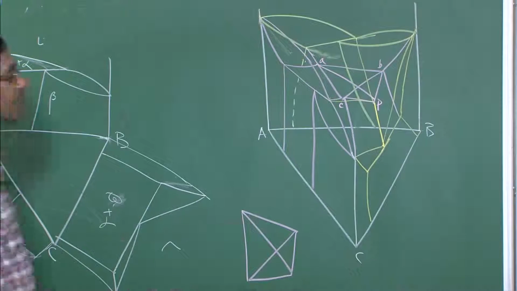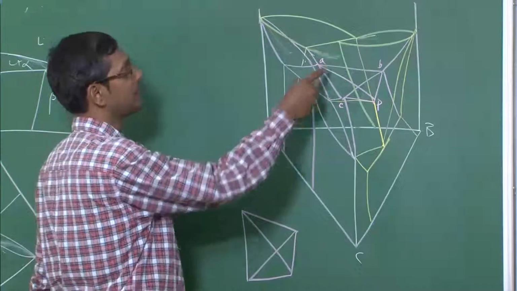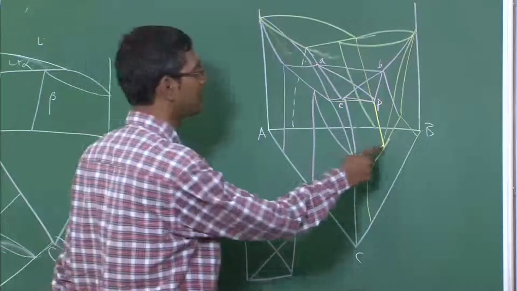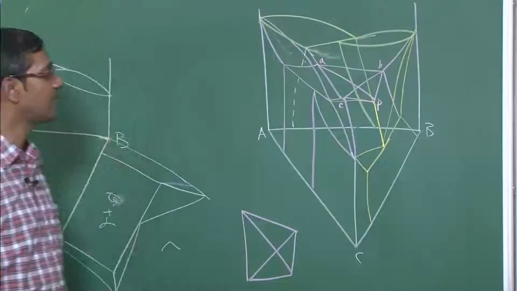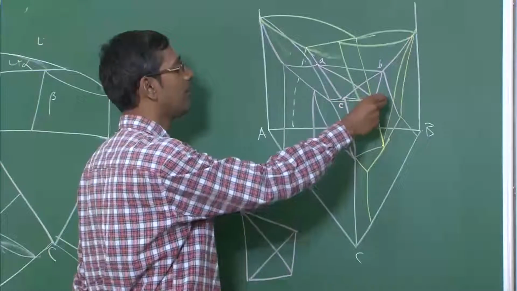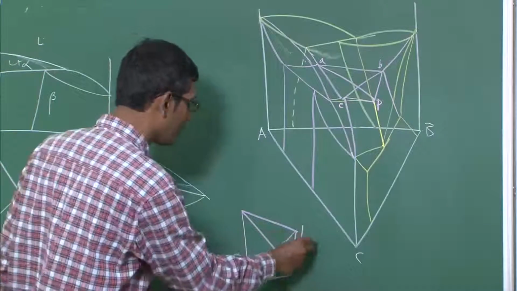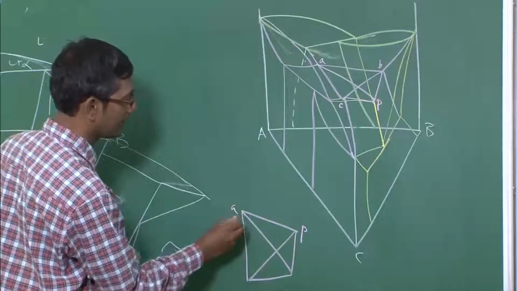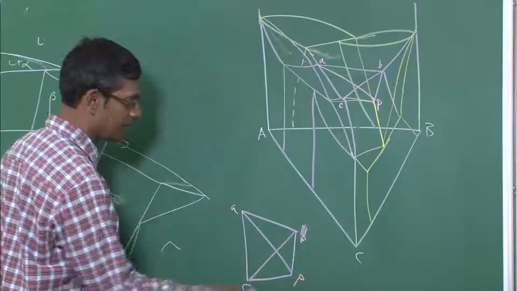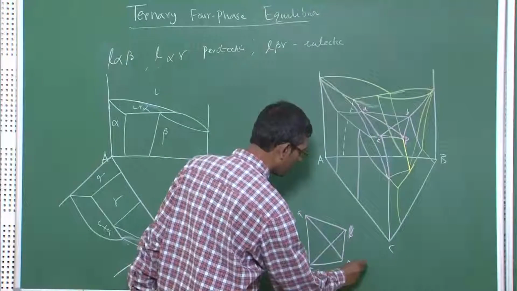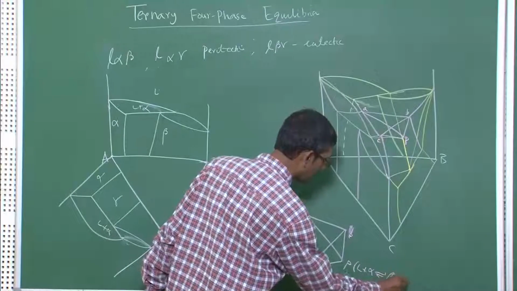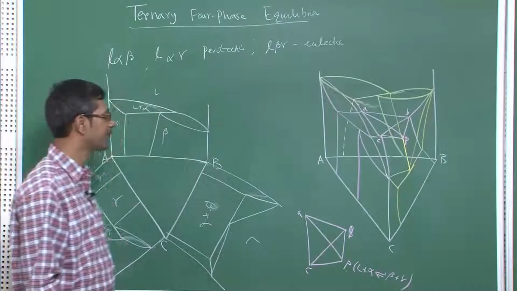So, what you see here is that if there are two peritectic reactions on the two binaries and a eutectic reaction, it actually generates a ternary peritectic reaction or ternary four phase equilibria kind of reaction. This is the point P, B, C. This point P is basically corresponding to liquid plus alpha going to beta plus gamma. That is what I am saying.